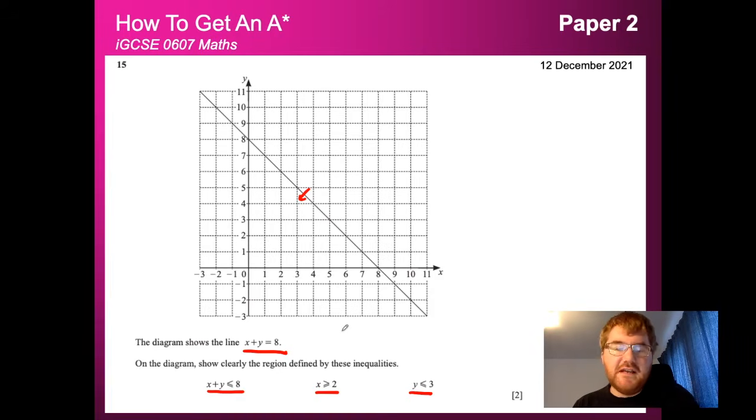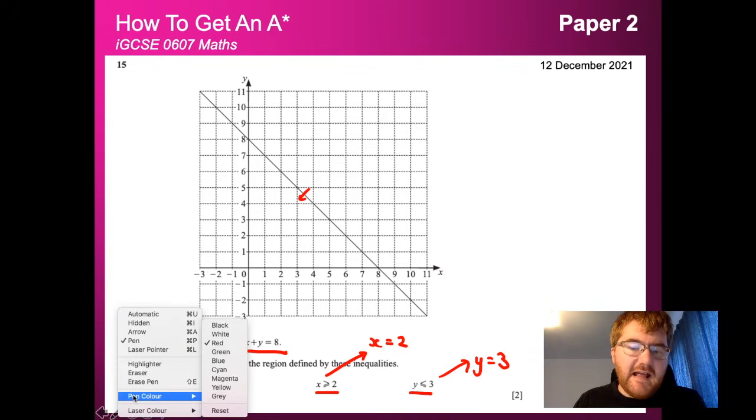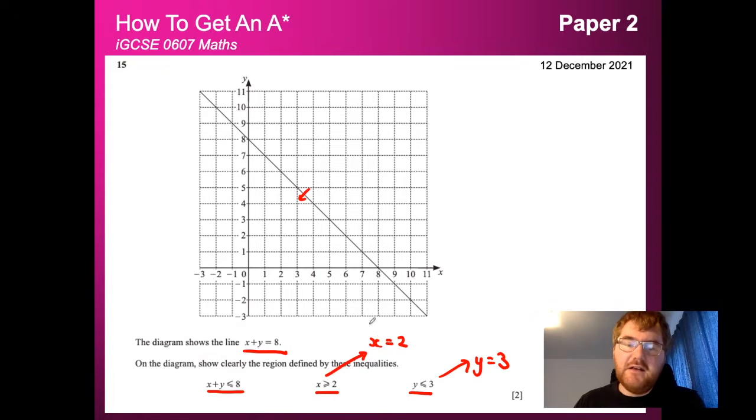Now, the approach you take on these kind of questions, imagine it's an equality. So imagine this is x is equal to 2, and this is y is equal to 3. So we're going to draw those lines in. Now remember, any x equals line is going to be a vertical line, whereas a y equals 3, that's always going to be a horizontal line, anything y equals.